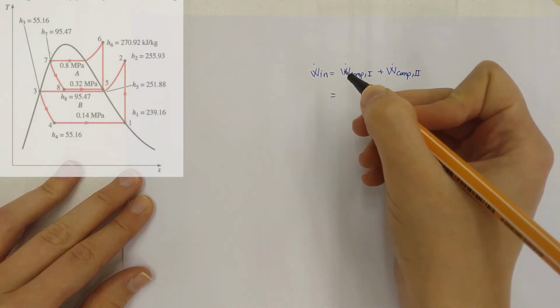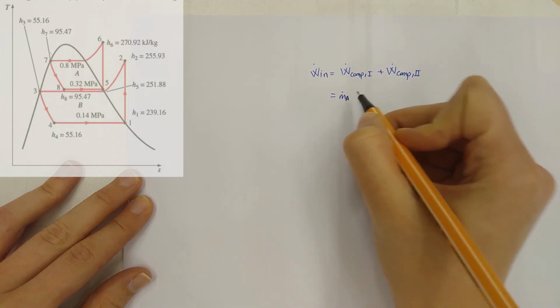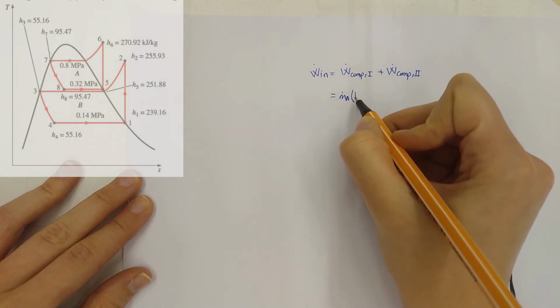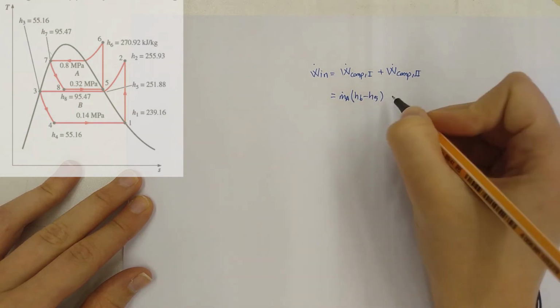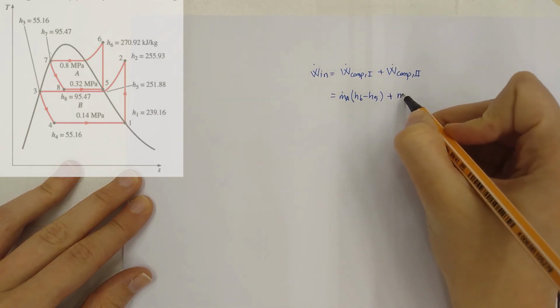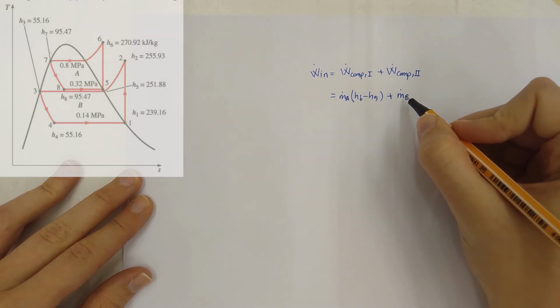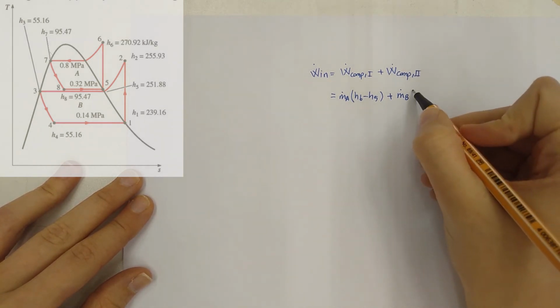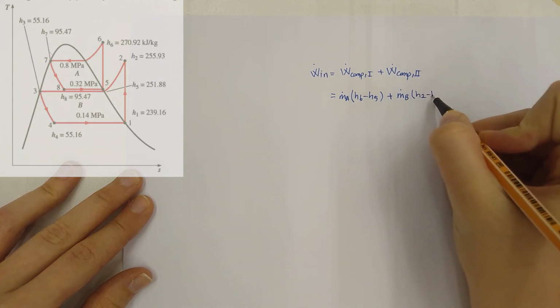Compressor 1 has a mass flow rate of MA, then H6 minus H5, plus compressor 2 has a mass flow rate of MB, and this is between H2 and H1.